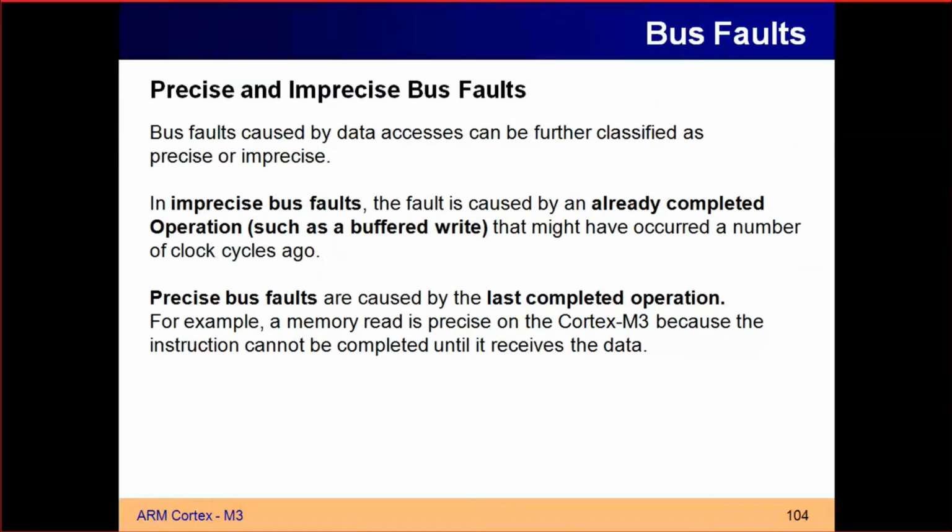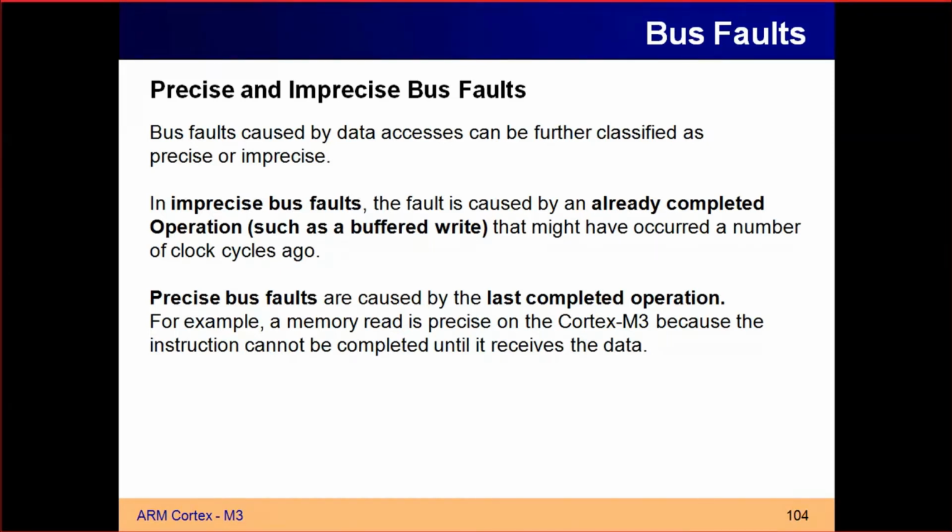But an imprecise fault is a fault caused due to an already completed operation. It might have occurred a few cycles before. It is not the previous instruction. It might have completed a few cycles before. For example, a buffered write. So what do you mean by buffered write? You will start the writing operation, then the buffering will take place on its own, but the processor will be doing something else.